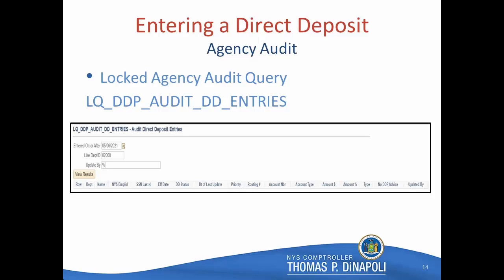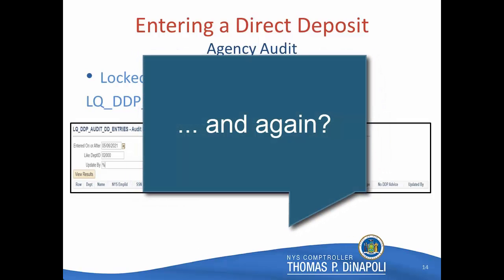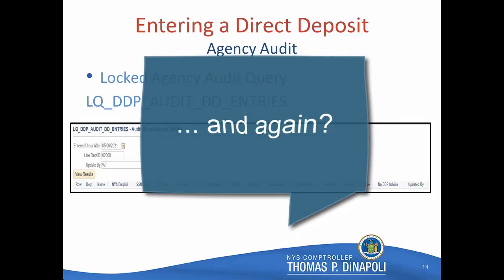For example, employees with multiple jobs. When running the query, if you are attempting to search by all entries for a specific department ID and not by who the update was made by, the percent symbol can be used in the update by field, along with the agency's department ID in the like department ID field and the date updated in the entered on or after field.